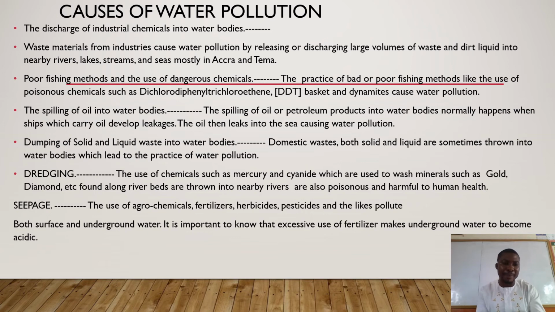These things are poisonous and harmful to human health, because the same river, the same lake, the same stream being used to wash gold and diamond is the same river or lake that we drink.